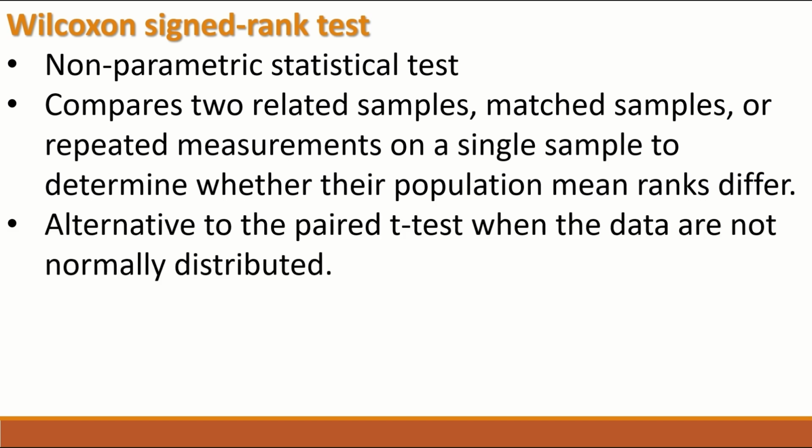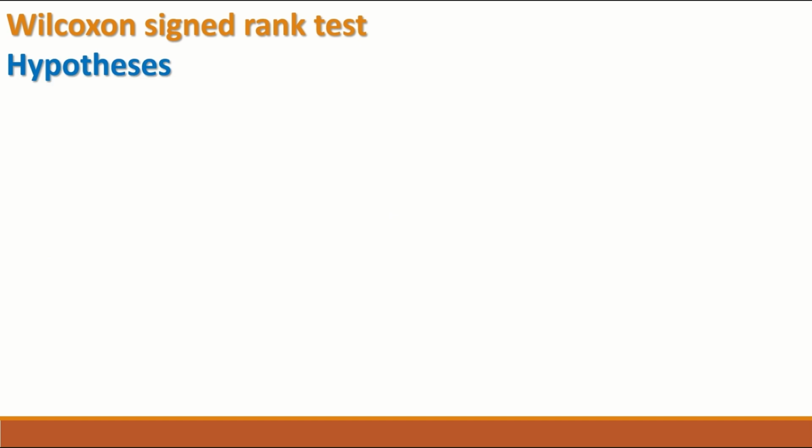So it is an alternative test to the paired t-test, as this Wilcoxon Signed-Rank Test is for paired samples. This test is a non-parametric alternative to the paired t-test when the data are not normally distributed and the assumption for the t-test is violated, which is the normality of the data.